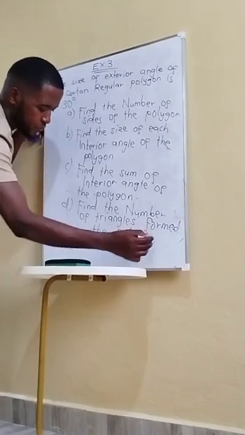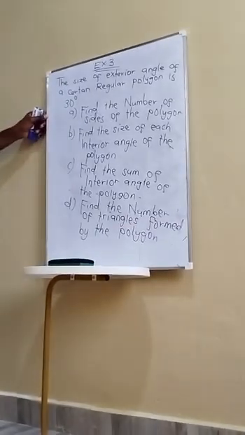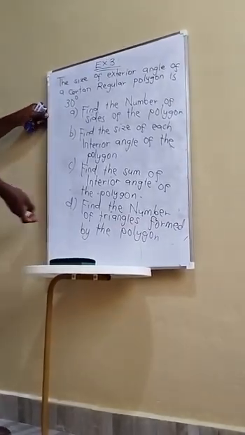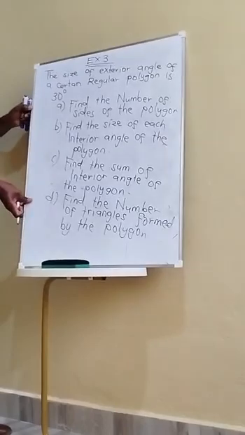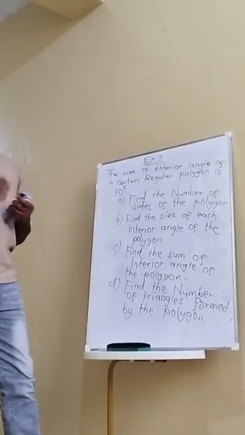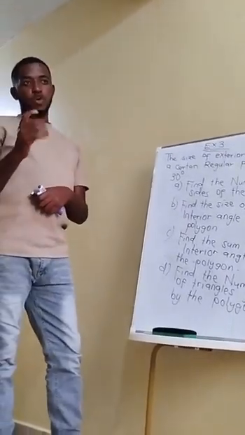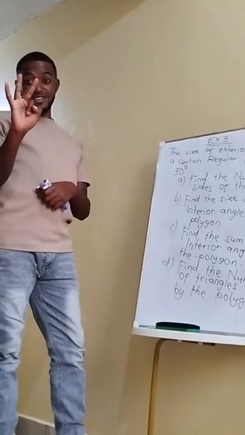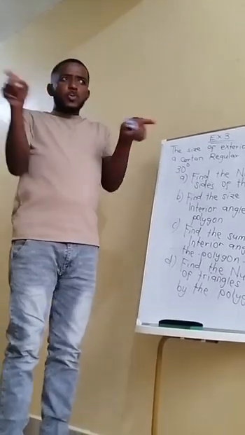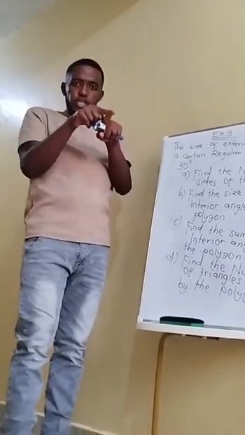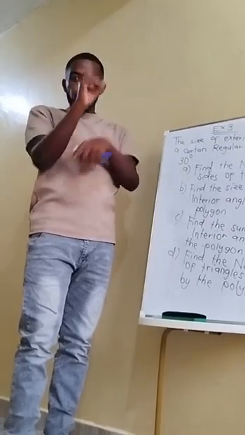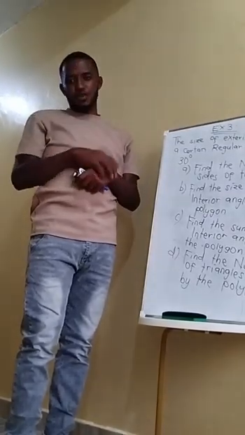Now, I want to say something on part D. I didn't speak about the number of triangles formed by a given polygon. Now let us look at this. A triangle is a polygon with how many sides? 3 sides. A triangle on its own is a polygon that is made up of how many triangles? 1 triangle.